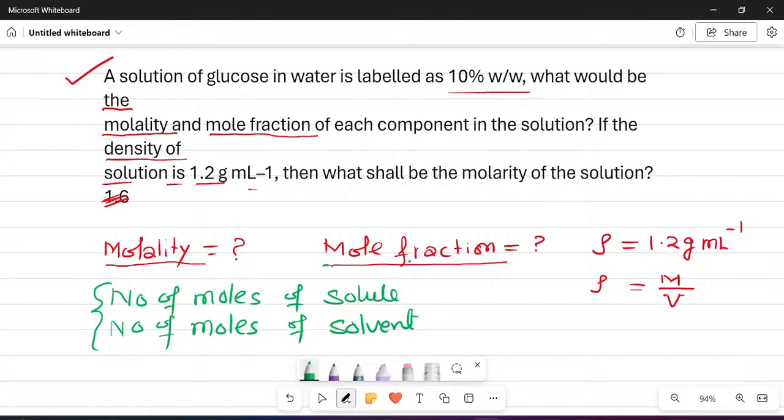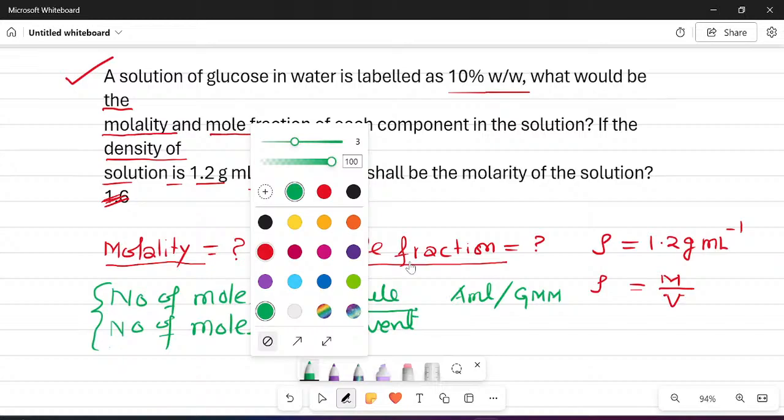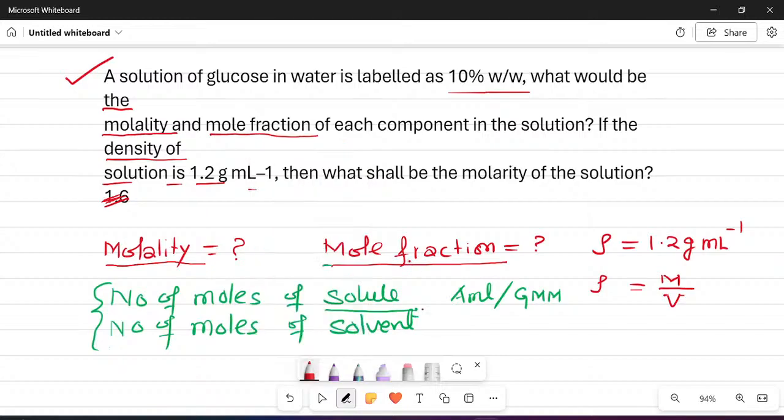Now for calculating number of moles, what do we require? We require amount and we require molecular masses. So what is the amount of solute and what is the amount of solvent? Is it given in this statement? Yes, we are given solution of glucose.